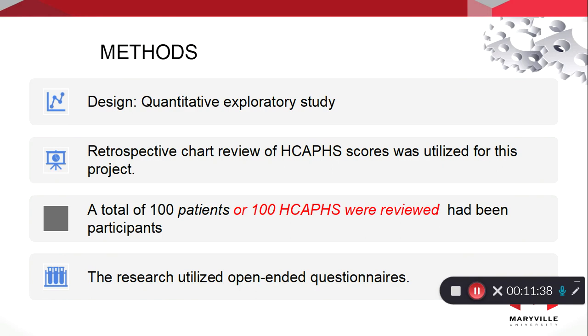An open-ended questionnaire was used to ask these patients questions in such a way that we can understand their level of satisfaction and also implement ways that will bring improvement. The HCAHPS score stands for the Hospital Consumer Assessment of Healthcare Providers and Systems. That is the full meaning of the HCAHPS score.